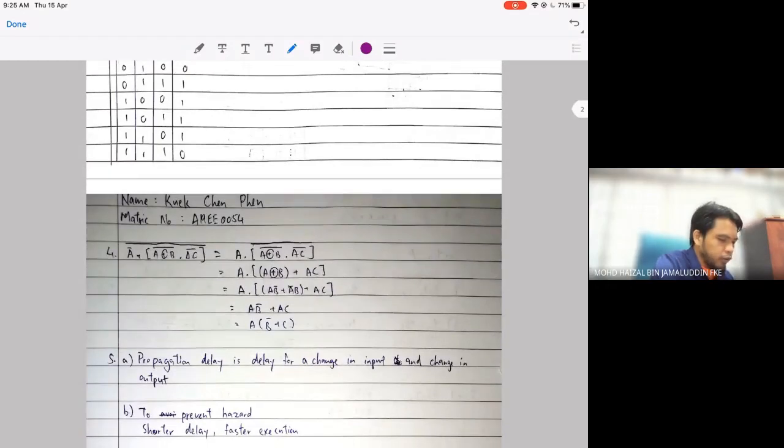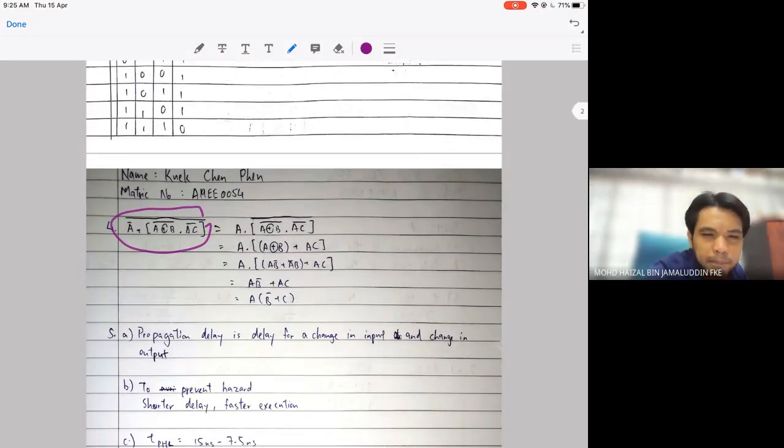Okay, number 4 is related to shortening the equation. So this is based on the theorem de Morgan. You need to be expert in changing the theorem.